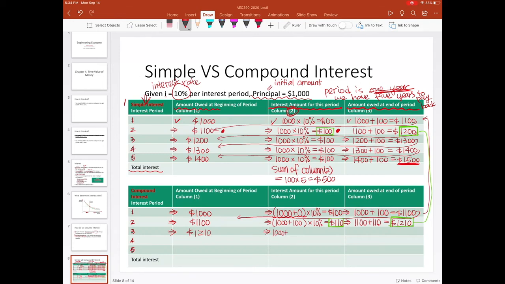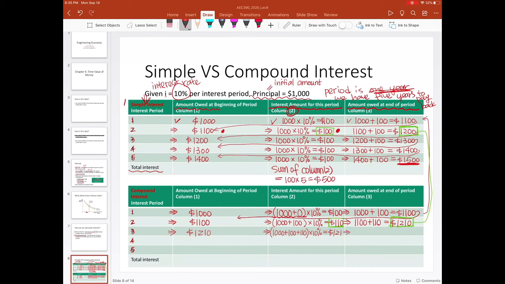What are all the previous interest? We have 100 in year 1. We have 110 in year 2. That's your new base for the calculation, times 10%. So this number will be 121.